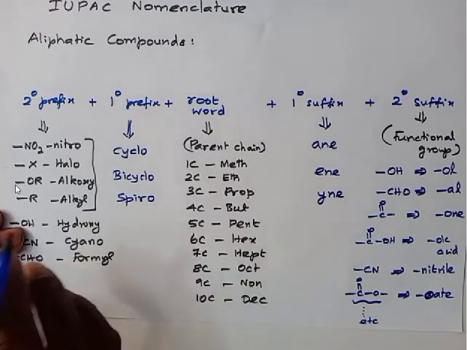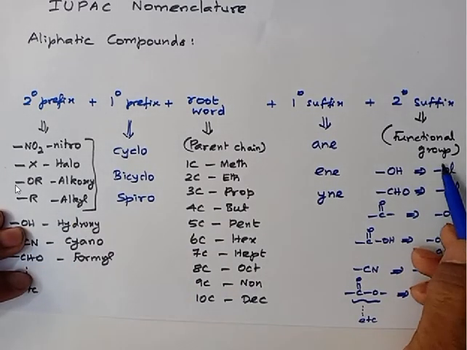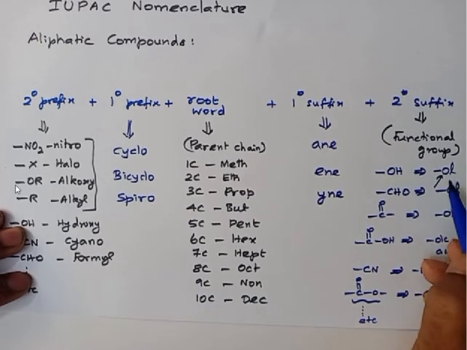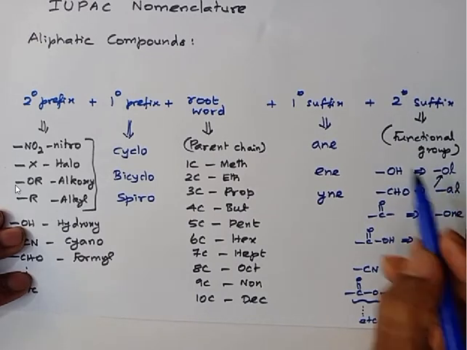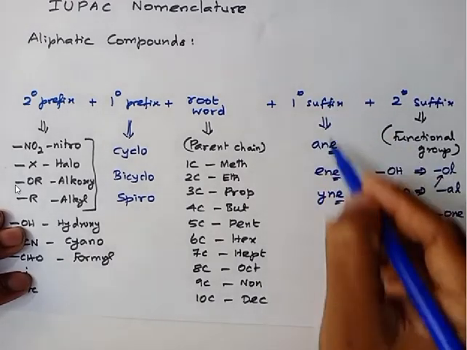Then this is another important point. Look at the first letter of the secondary suffix name. If the first letter is a vowel, then you should remove the E from the primary suffix.